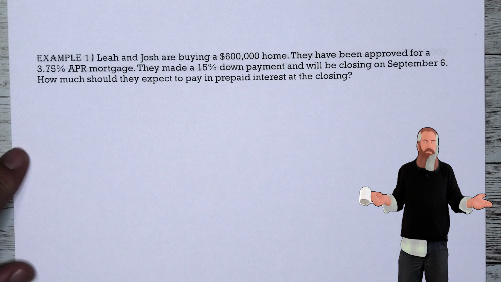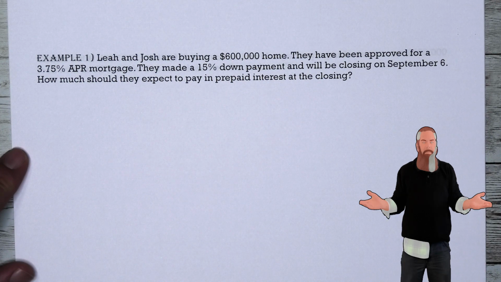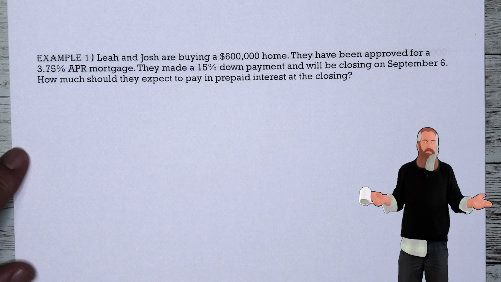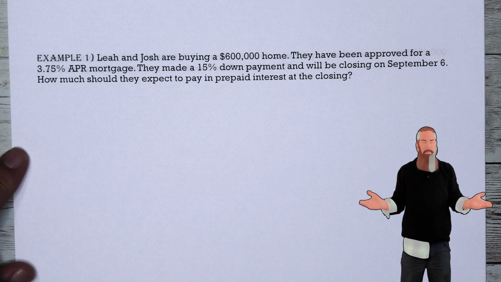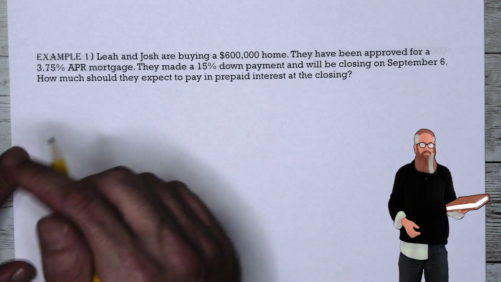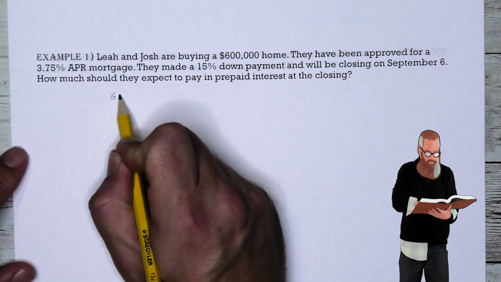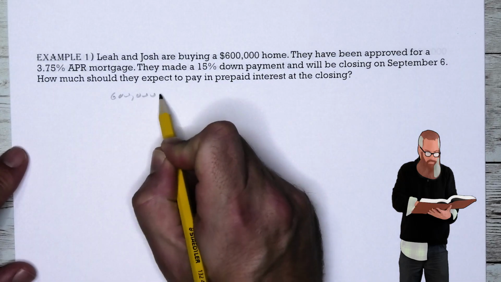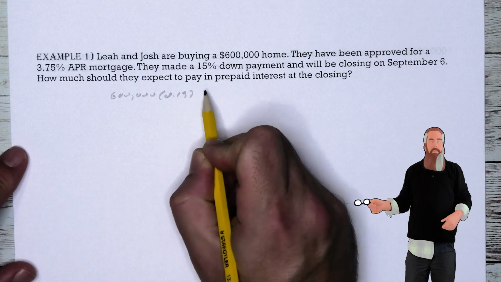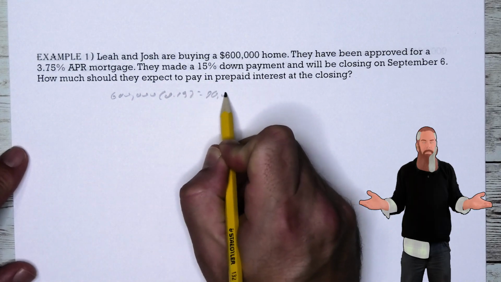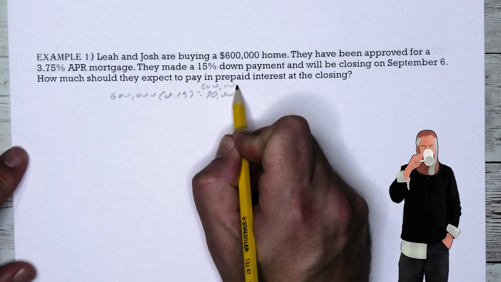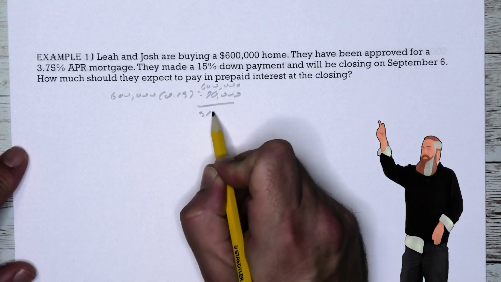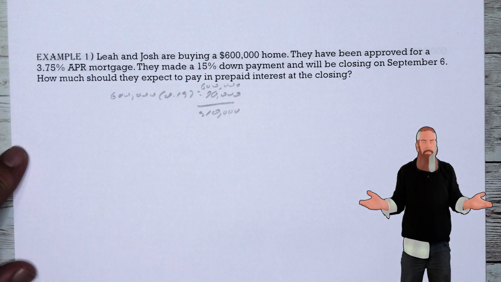First, we're going to determine the amount that Josh and Leah borrowed, since they made a 15% down payment. We're going to multiply the $600,000 by 0.15 and then subtract the down payment from the original amount. So, $600,000 times 0.15 gives us $90,000. Subtracting that from the $600,000 purchase price, we wind up with a $510,000 loan.